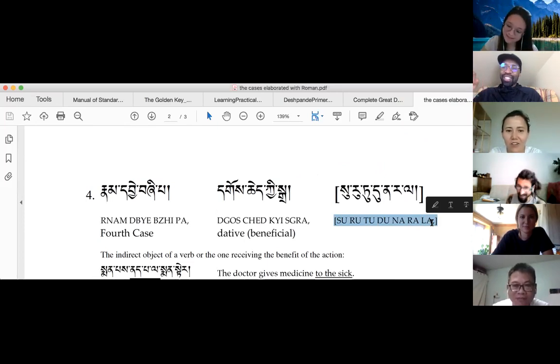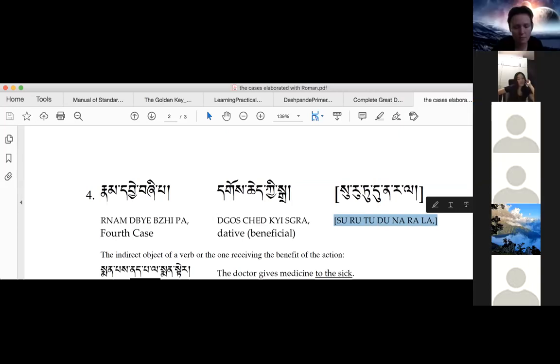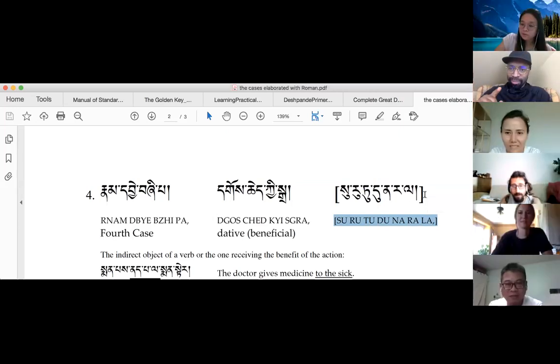It depends on the same genjuk, say particle. Particle. Good. It's not, genjuk is the suffix. The particle is what comes after, which depends on the genjuk, right?